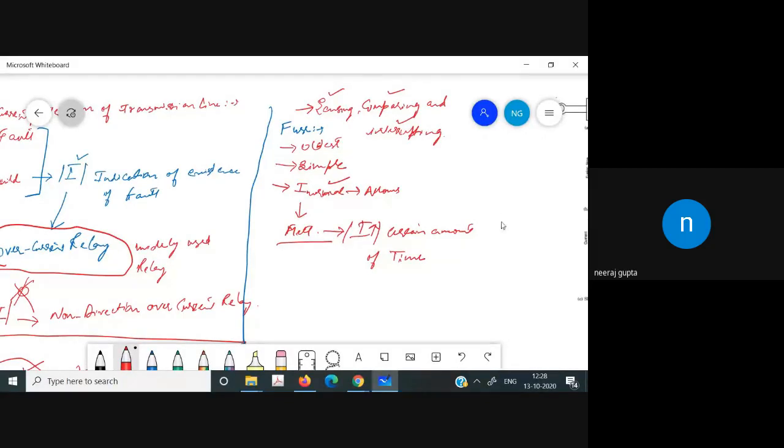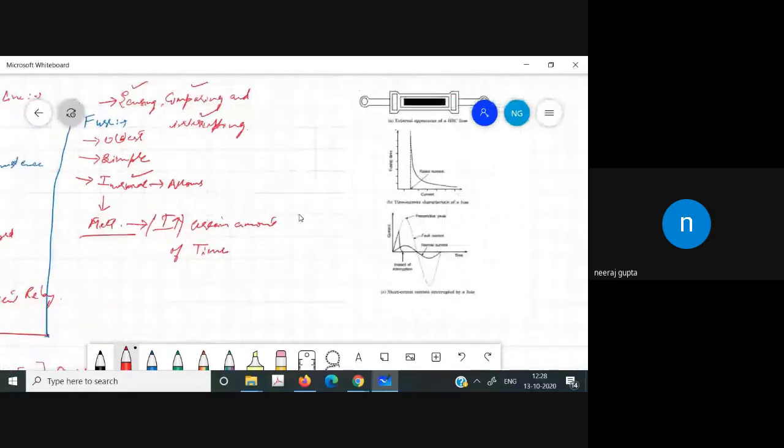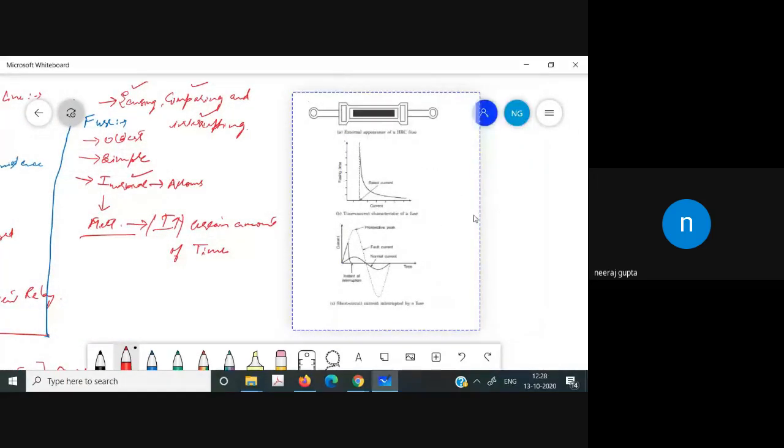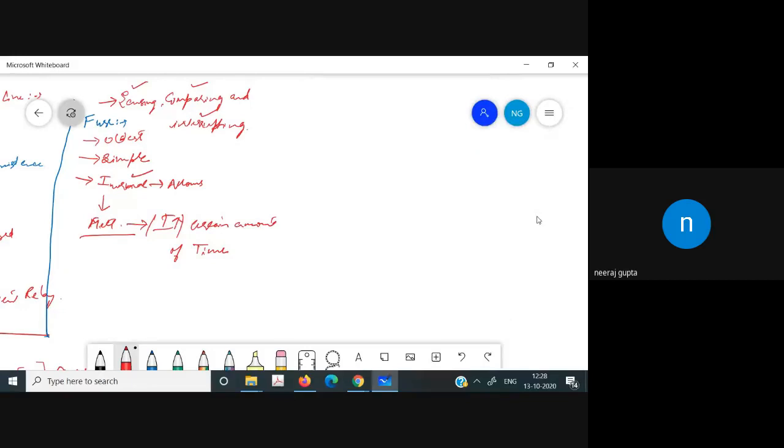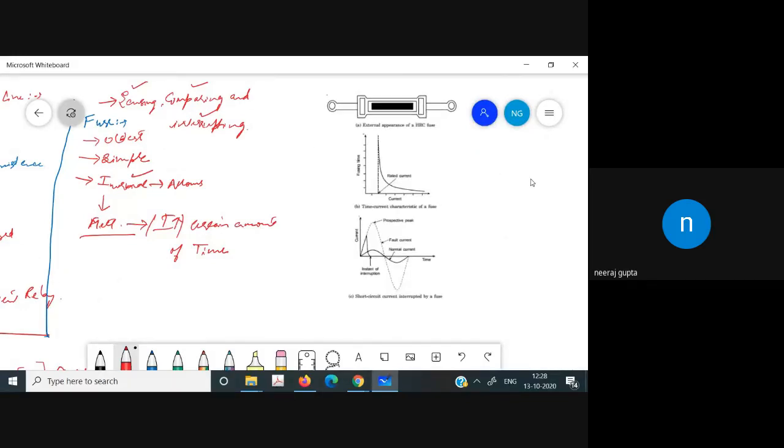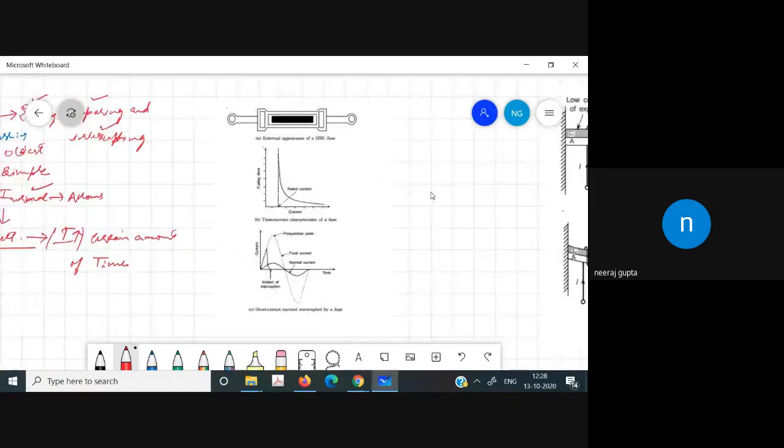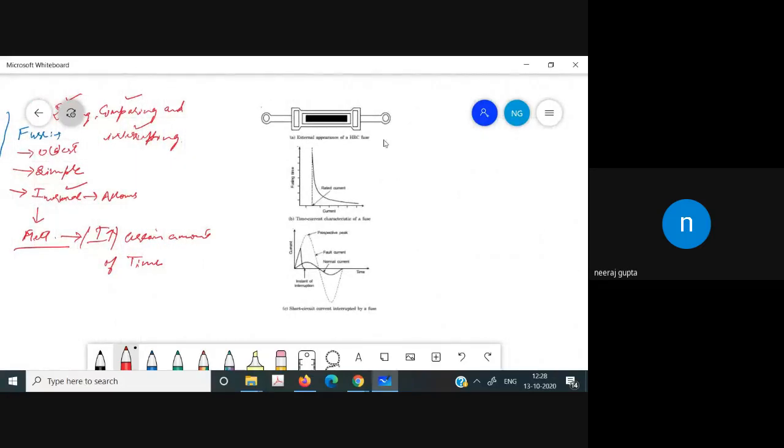Now we will have a diagram of the HRC, high rupturing capacity fuse. This is the external appearance of the HRC fuse, and we will look at the time-current characteristics of the fuse.